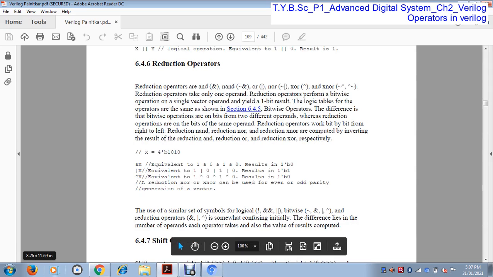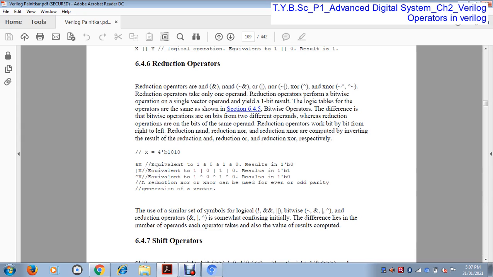Let's take an example. x is equal to 1010. When we use the reduction operator, reduction AND of x, this is the and. This operator performs reduction, meaning it reduces the number 1010.